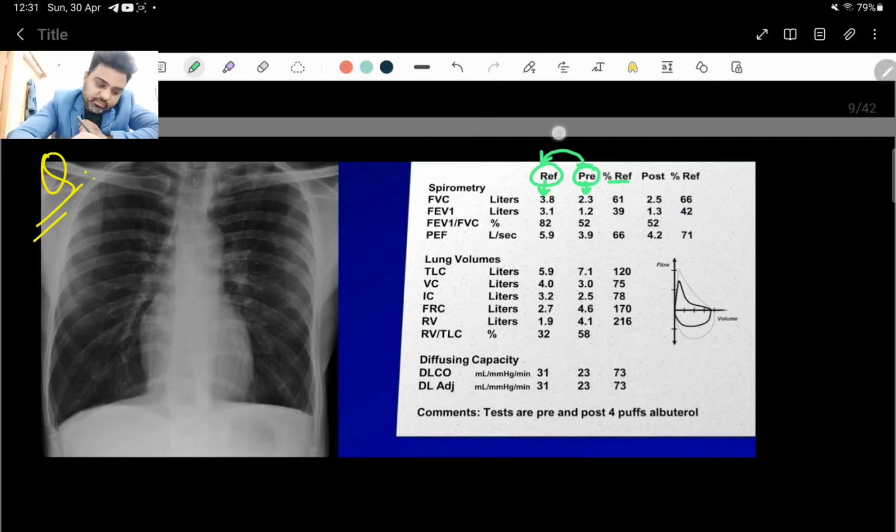So when we calculate pre, we write pre in the numerator, that is 2.3 upon 3.8 into 100, then we get 61. What is post? Post means it is the value that we have got after giving bronchodilator. Generally we give 4 puffs in UK. This value is the post value, which is divided by the reference value, that is 2.5 divided by 3.8.